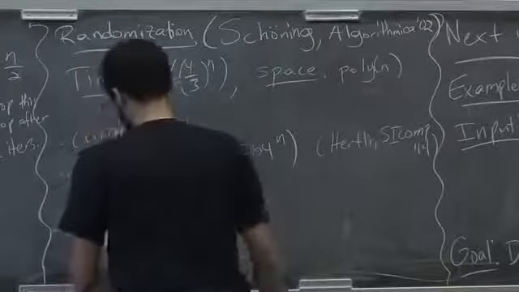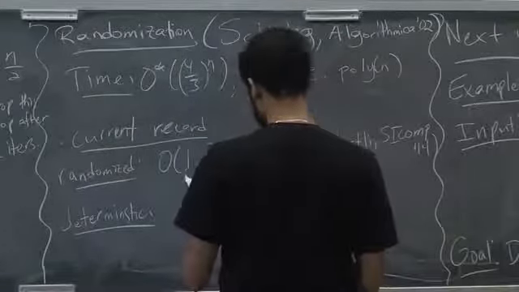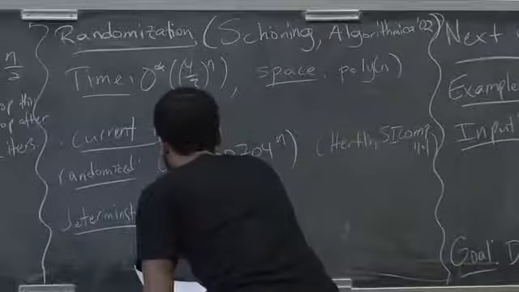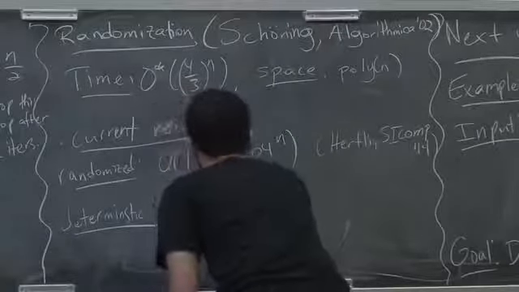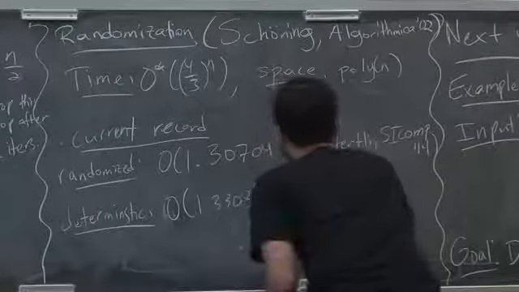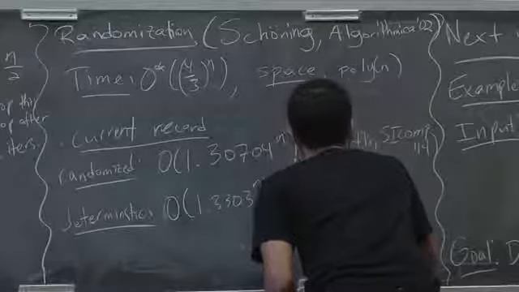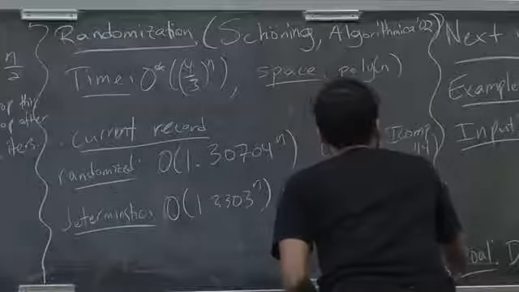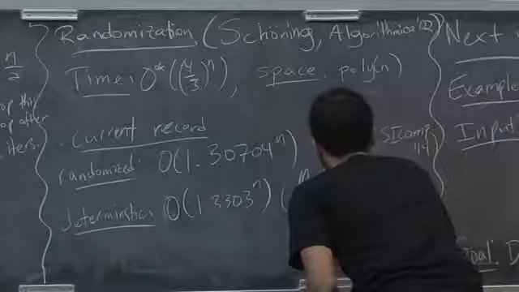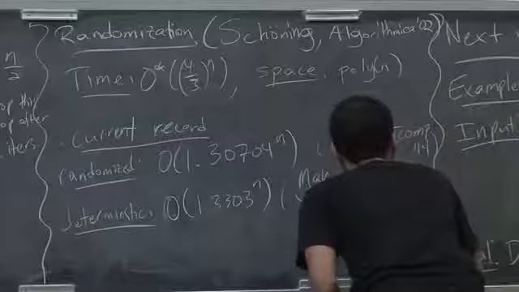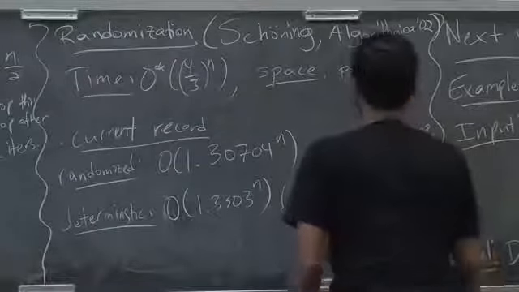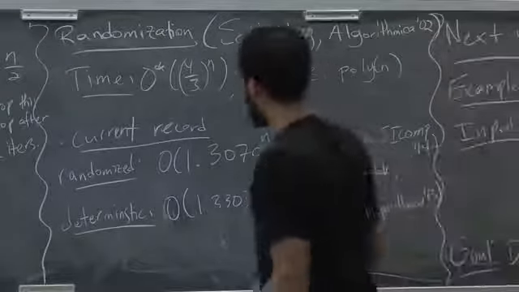And then deterministic algorithms, you can get 1.3303 to the n. This is Moser and Scheder.